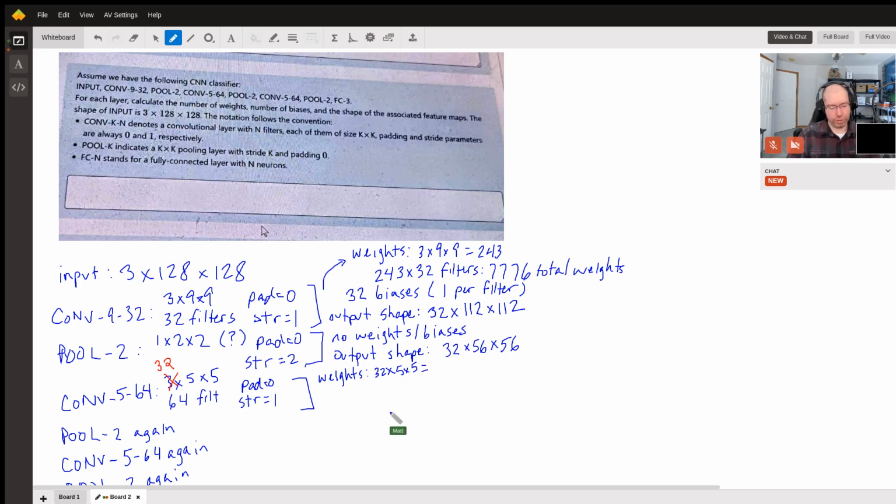That's the weights per channel or per filter. So that's 800. And then 800 times 64 filters is whatever 64 times 800 is. 51,200.